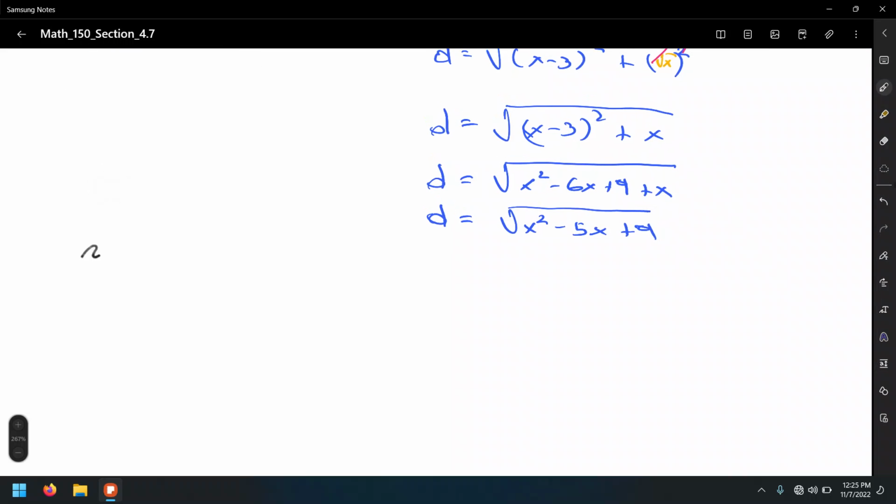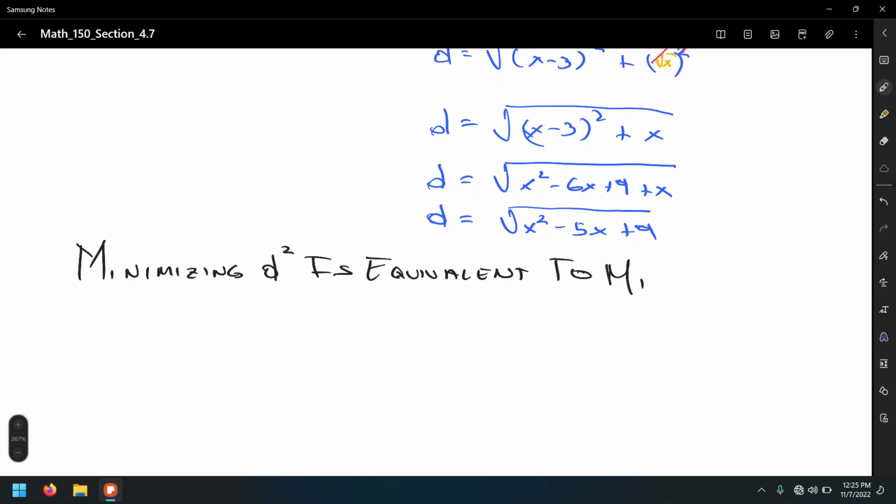Minimizing d squared is equivalent to minimizing d. So this is what we're going to do.